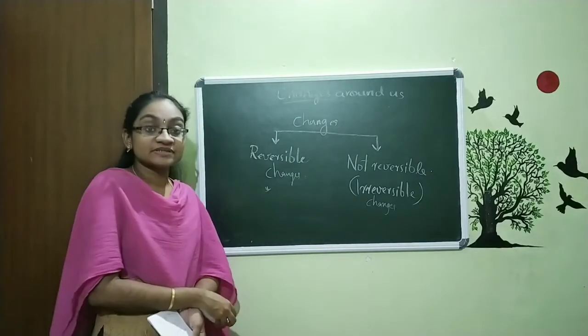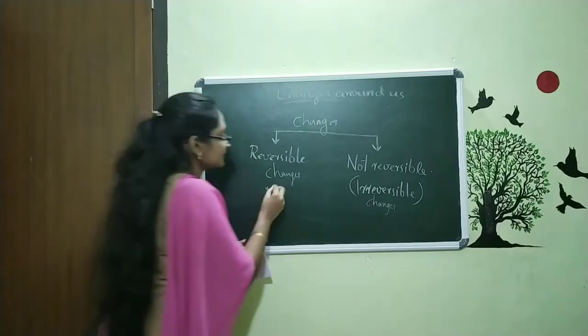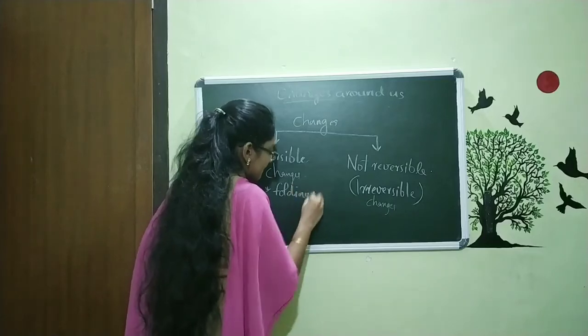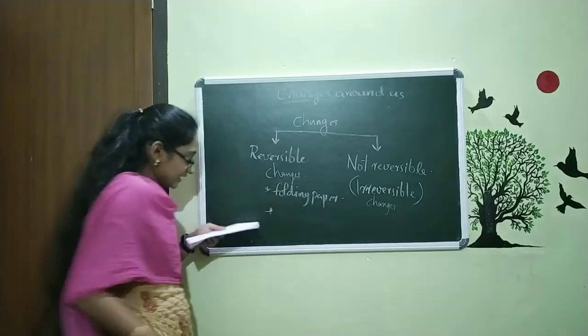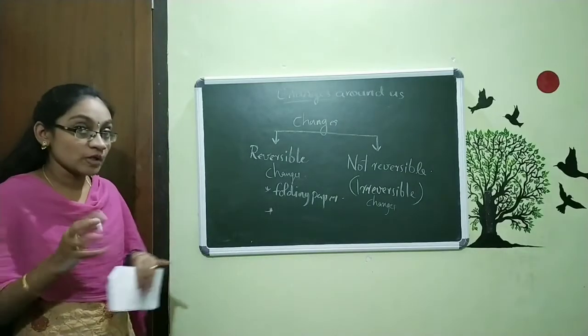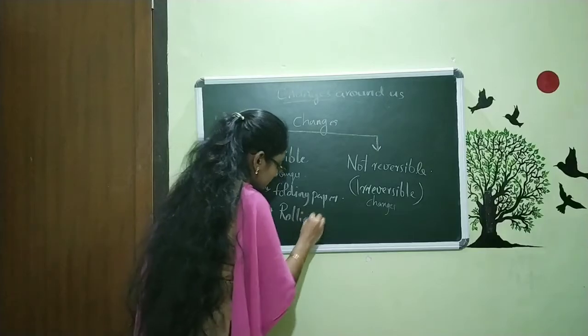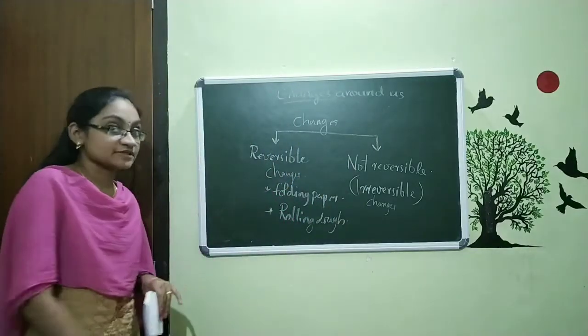Which are the reversible changes? When we are folding a paper, it is a reversible change. Another example is when we are rolling the dough. It is also a type of reversible change.